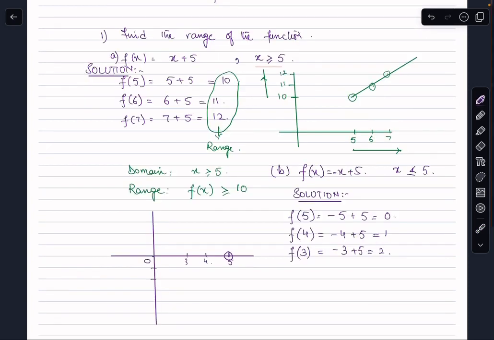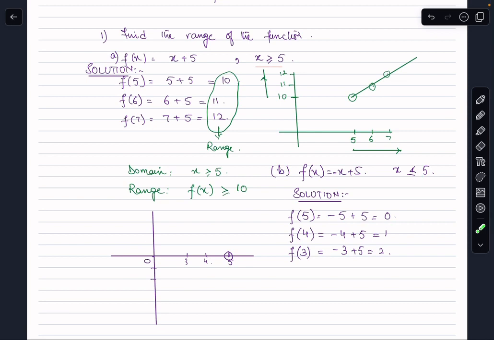Our next example is f(x) equals negative x plus 5, and the domain given to us is x lesser or equal to 5, meaning all the x values need to be less than or equal to 5 here. I substituted x as 5 in the function, that gives minus 5 plus 5, which is equal to 0.